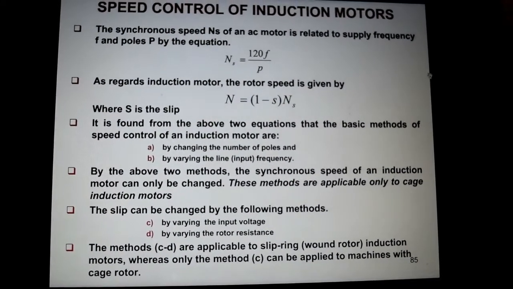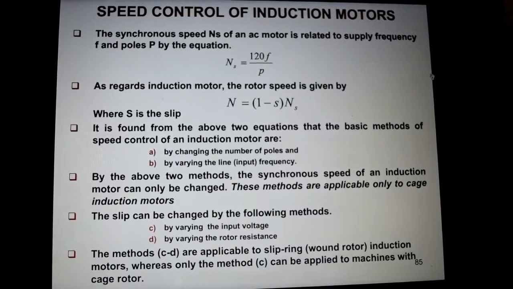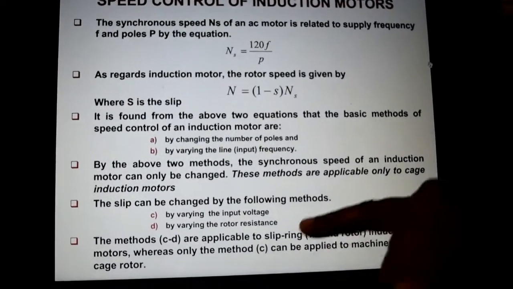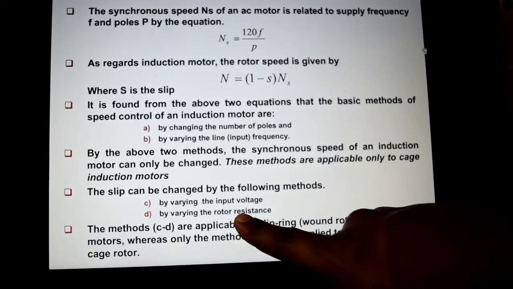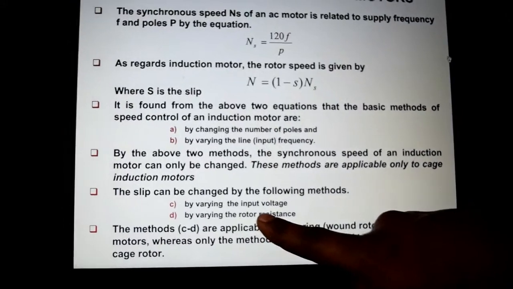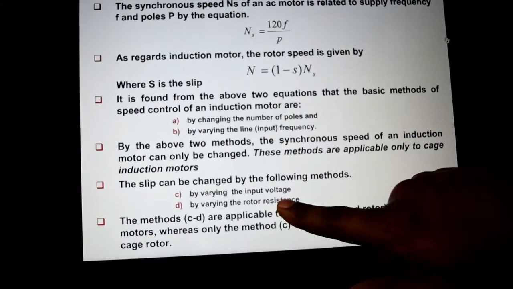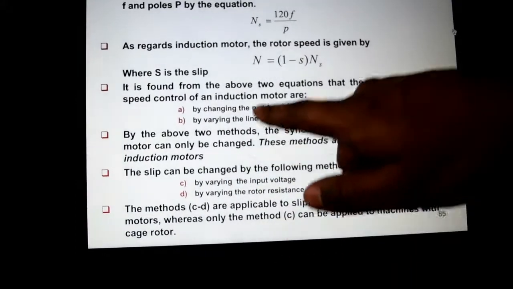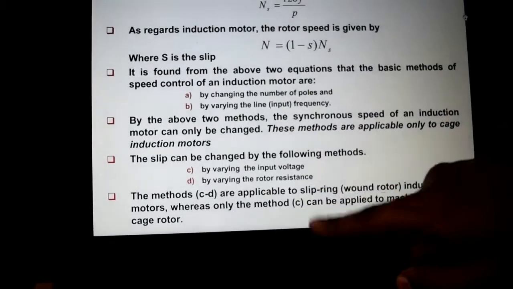But because we have slip rings on phase wound induction machines, we can add additional resistance. So by adding additional resistance to the rotor, we can vary the speed torque characteristics. This one works only for phase wound, but these three work for both phase wound and squirrel cage.